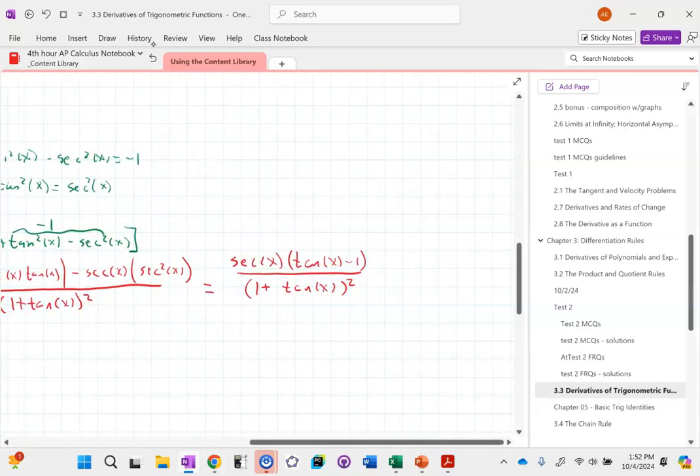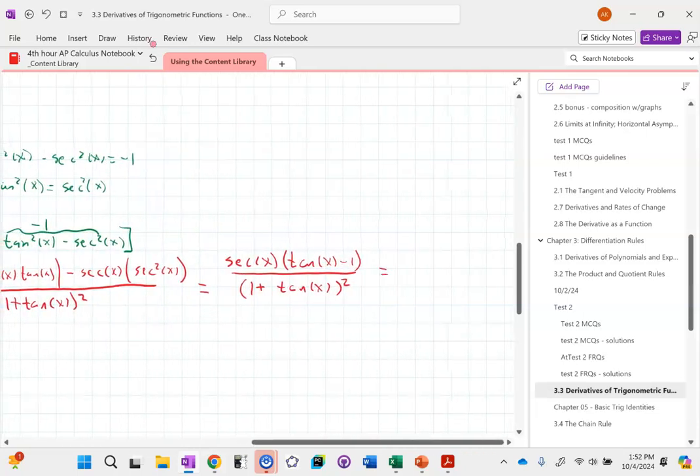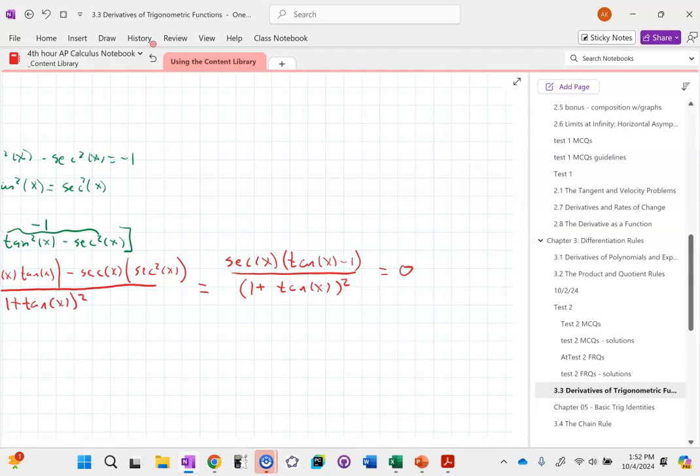So, if I then take this and set it equal to 0, how do I solve an equation like that? When is a fraction going to equal 0? When the numerator is 0 and the denominator is not, right?